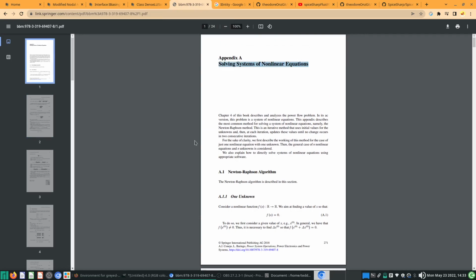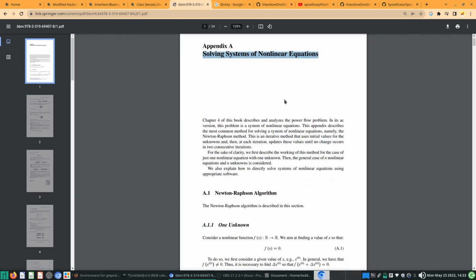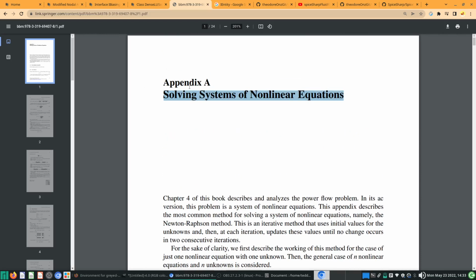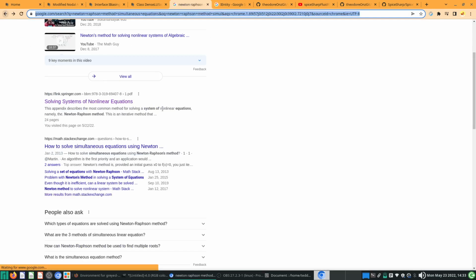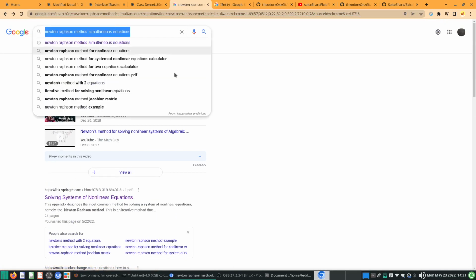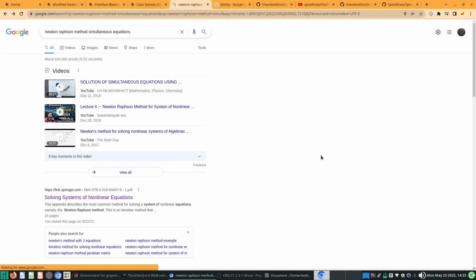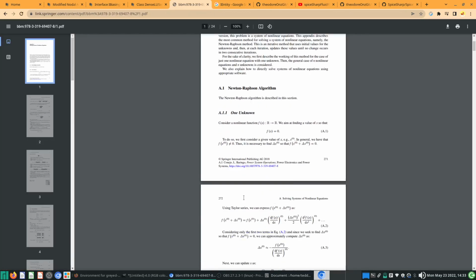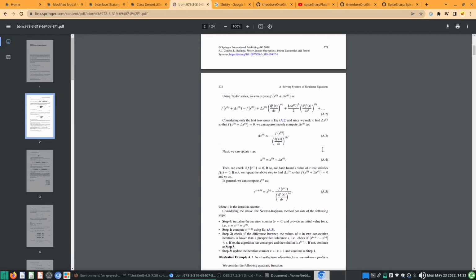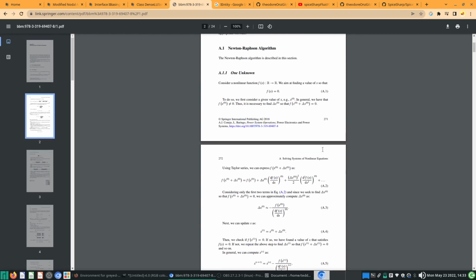I want to take a look at the Newton Raphson method with reference to this Appendix A, solving systems of nonlinear equations. It's part of link.springer.com. If you look up Newton Raphson method and simultaneous equations on Google, this is one of the first things that popped up on mine. So this is a very useful document to help you understand what is actually going on right here.